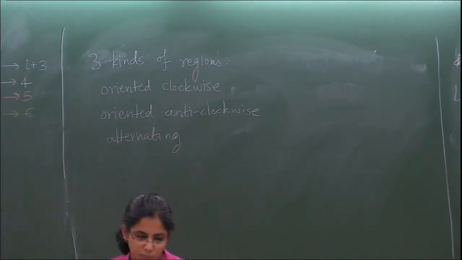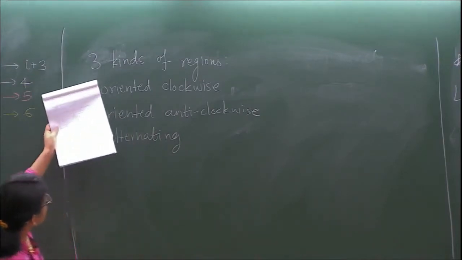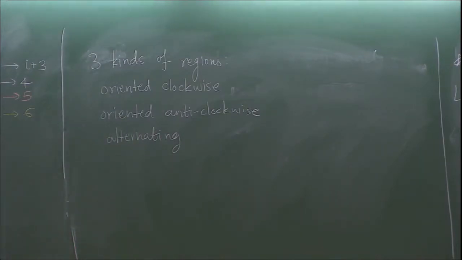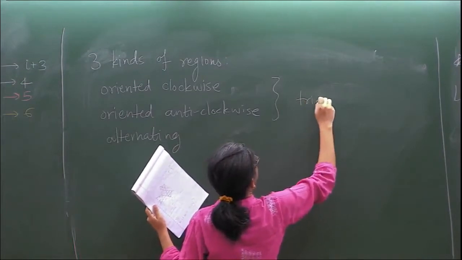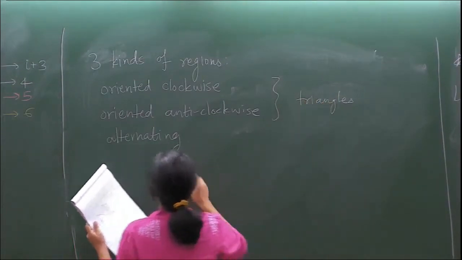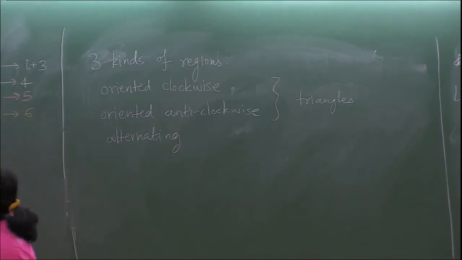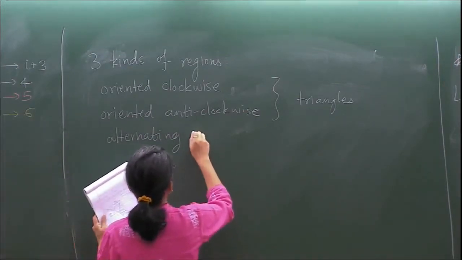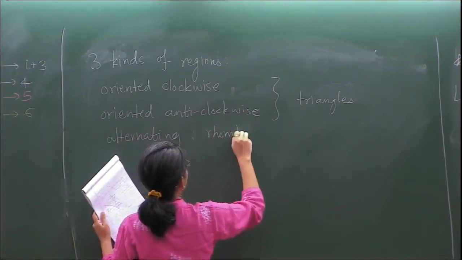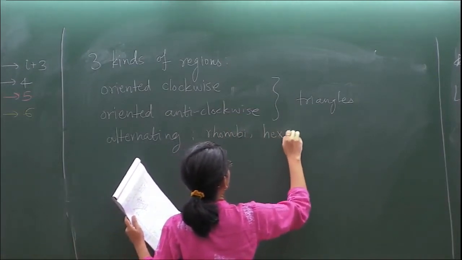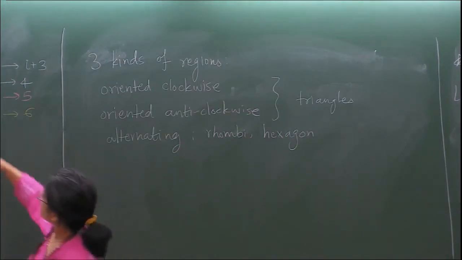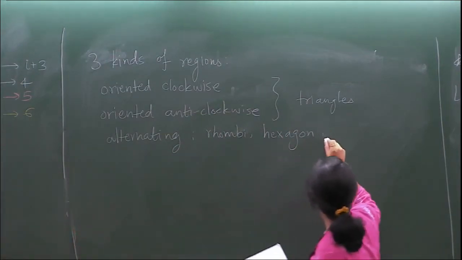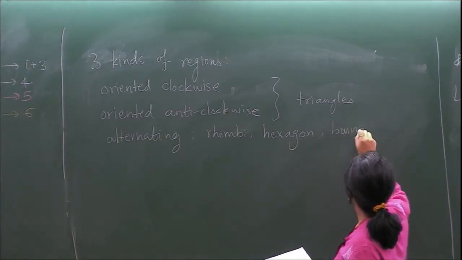In this case, both the clockwise and anti-clockwise ones are triangles, but they don't always have to be triangles. In this example, they're triangles. And alternating regions are rhombi or hexagons. And boundary regions don't have a shape, but they're alternating.